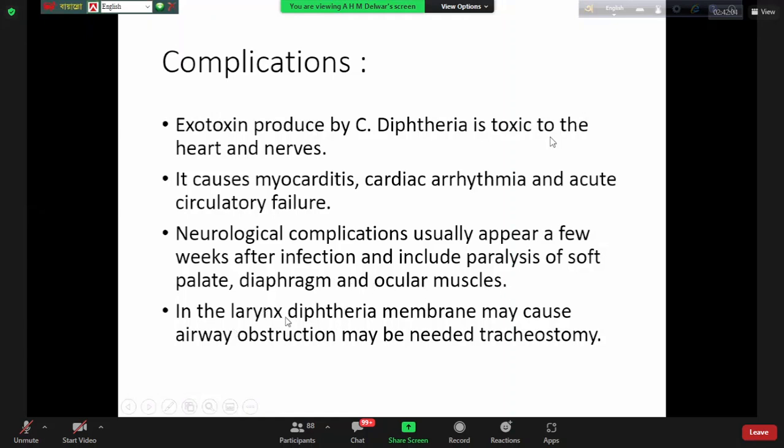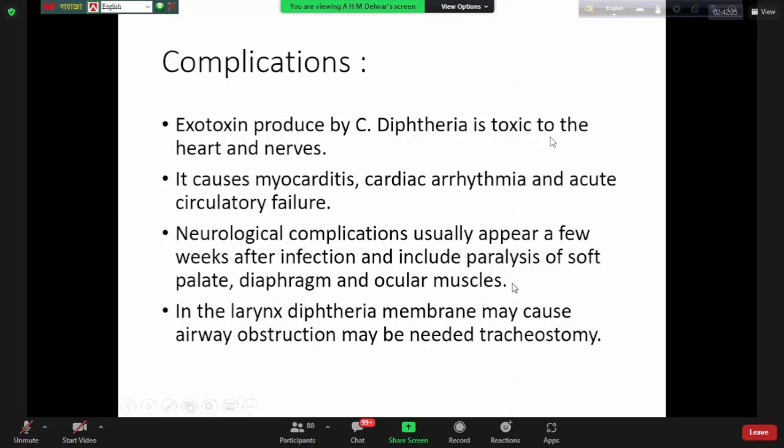In the larynx, diphtheria membrane may cause airway obstruction and may need tracheostomy. So when a patient suffers from laryngeal diphtheria, the membrane may cause airway obstruction and may need tracheostomy.